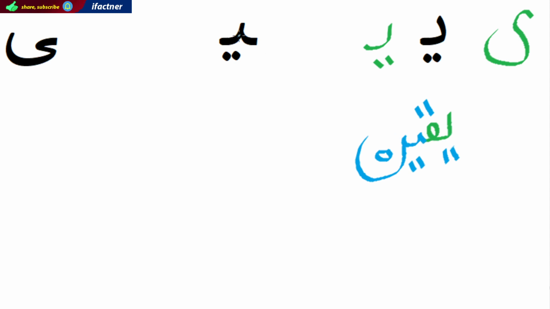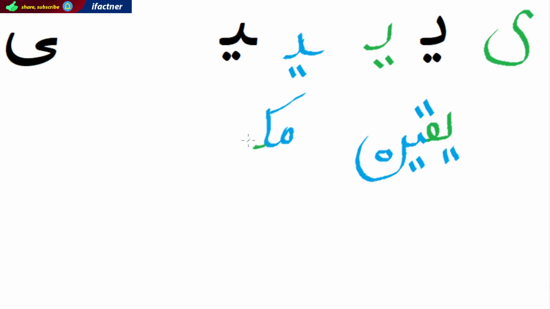When Chotiya appears in the middle of the word, then you need to add a connector, add this kind of a thing just like noon, and then add Chotiya like this. For example, Makeen. Makeen means the person who lives in a house. Meem, Kaf, and then we need to write Chotiya.